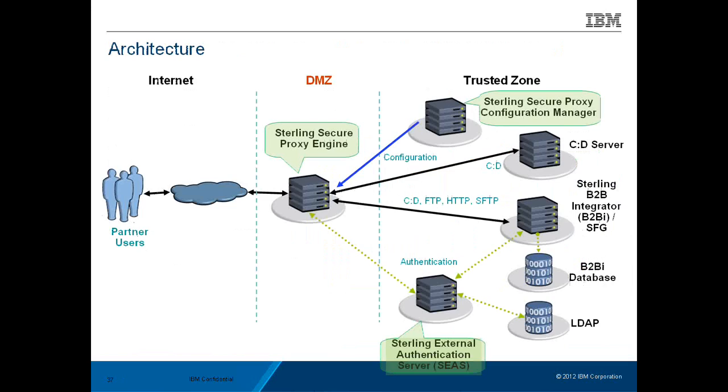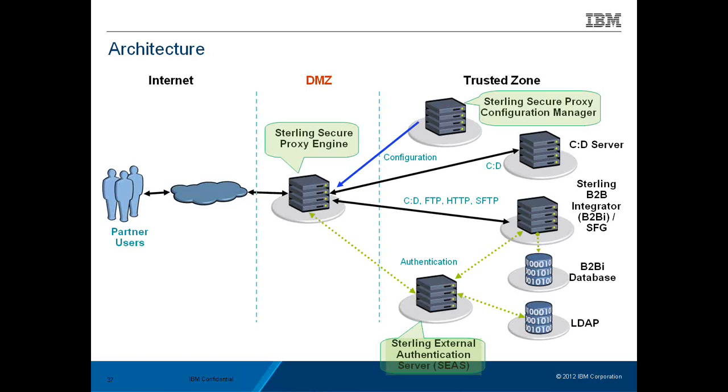A small diagram shows what is residing where. In the leftmost corner you would see users. In the rightmost corner you would see the servers they need access to, and the proxy would sit in the DMZ, and the configurations are residing in the trusted zone on the top right corner.